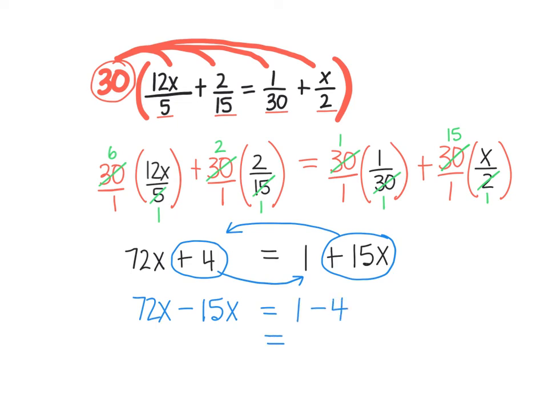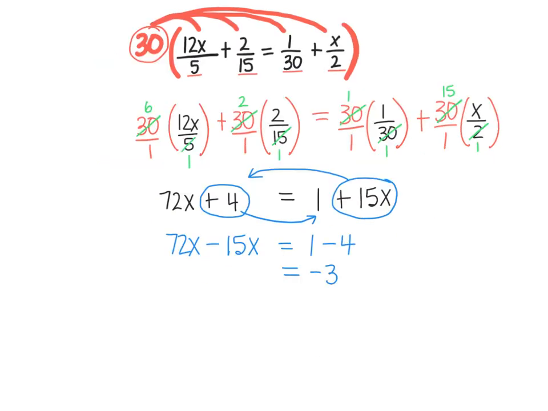What that's going to do for us, it's going to give us minus 3, and we're going to have 57x left on this side of the equal sign. From there, we're going to divide by 57 for both sides, and that's going to give us x is equal to negative 3 over 57. And we'd leave our answer just like that.